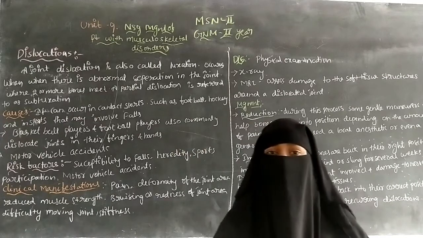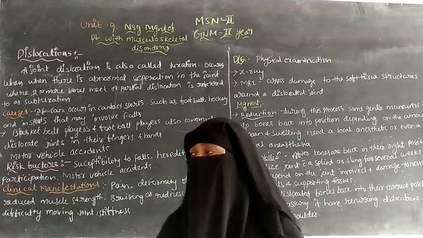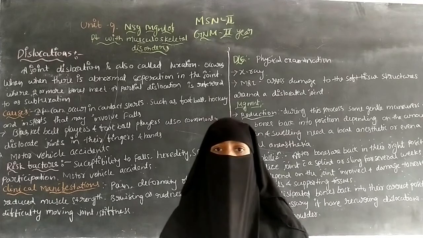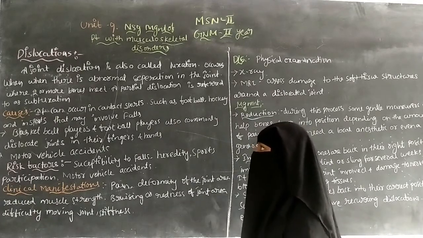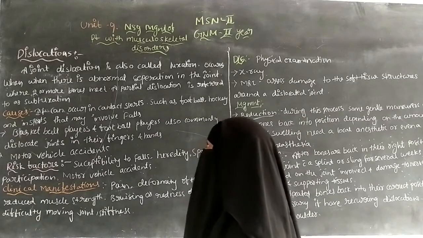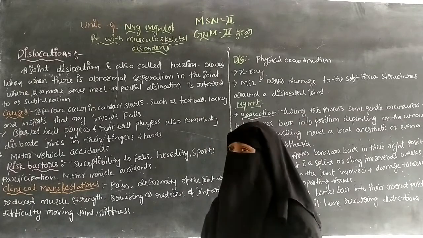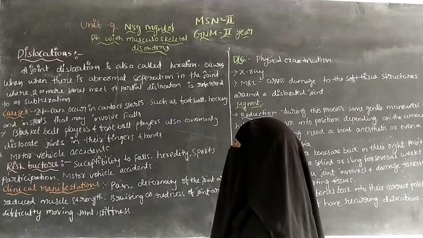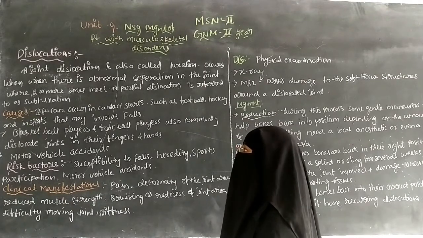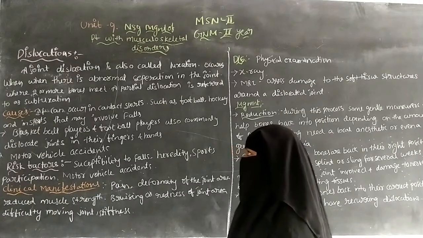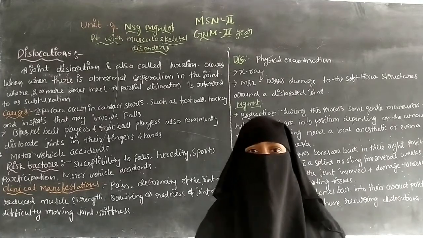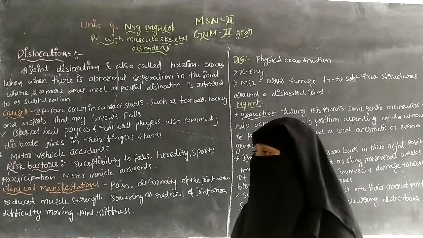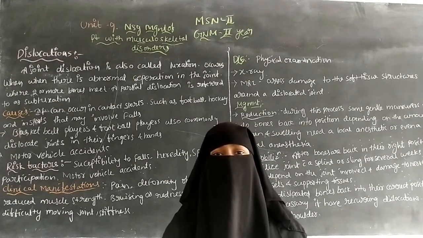Half of a dislocation is also called subluxation. So the definition of dislocation includes: joint dislocation, also called luxation, is an abnormal separation in the joint where two or more bones meet, and a partial dislocation is called subluxation.